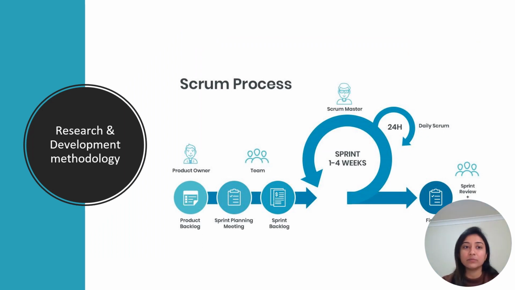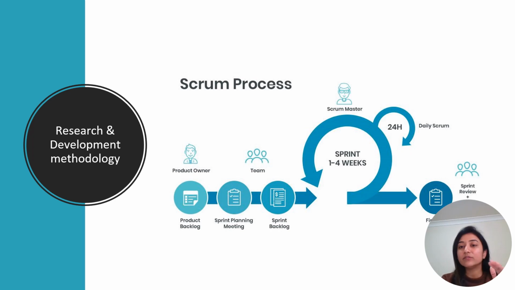That is the Scrum process, the methodology of the development. In the product, we start from the user stories and the product backlog. After that, we do sprint planning with the team. That is the sprint backlog, and it takes 4 weeks to finish the sprints.